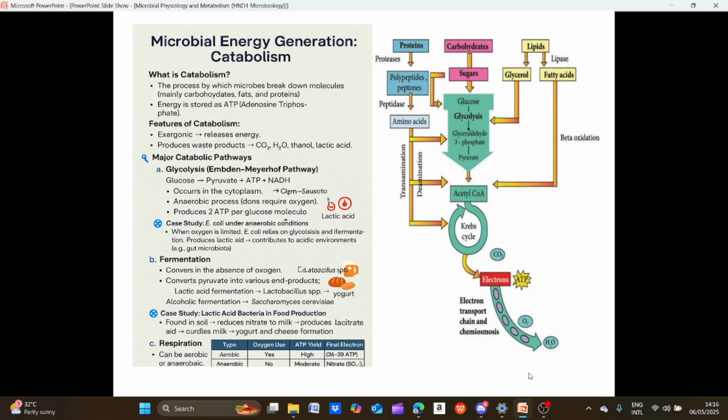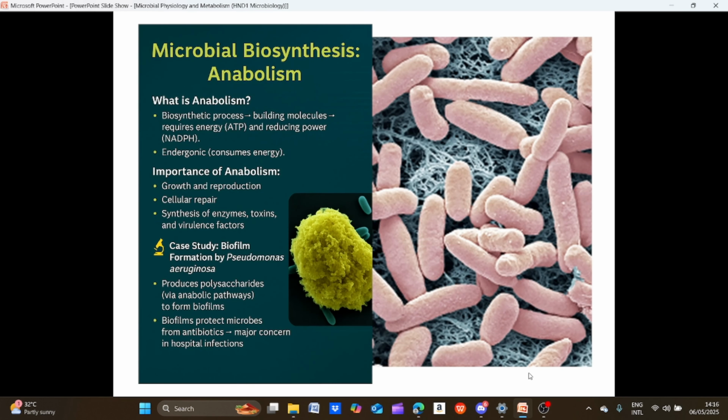If they are aerobic, that means the final ATP that will be produced from aerobic respiration is going to be between 36 and 39 ATP. So microorganisms solely depend on undergoing aerobic respiration in order to be able to produce, to generate their ATP.